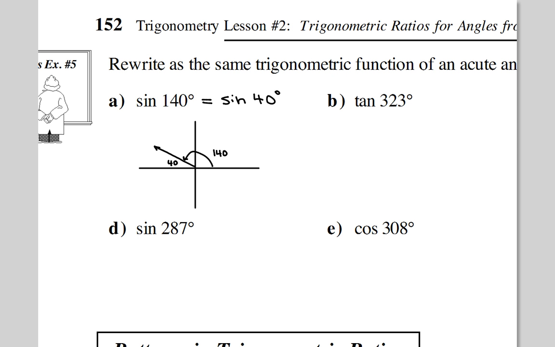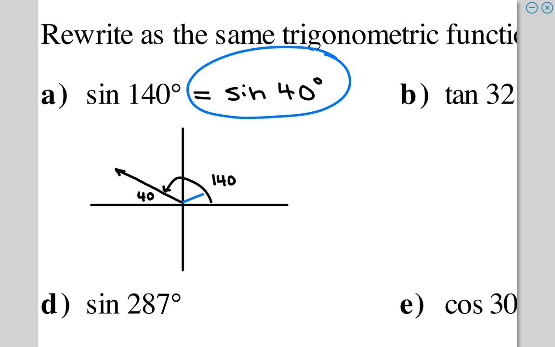Does anybody want to hazard a guess why? Very nice. Okay, so sine 40, that would be if the reference angle was here in quad 1 with 40.